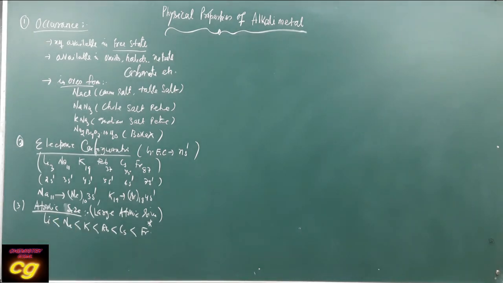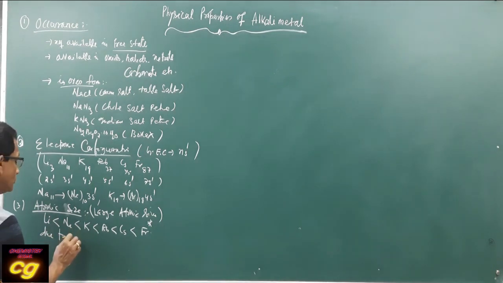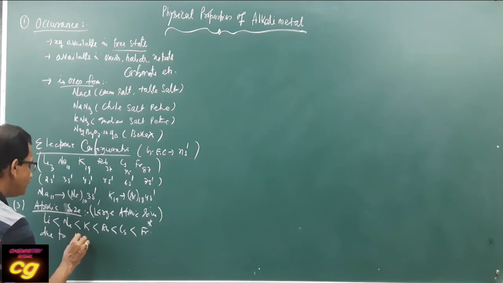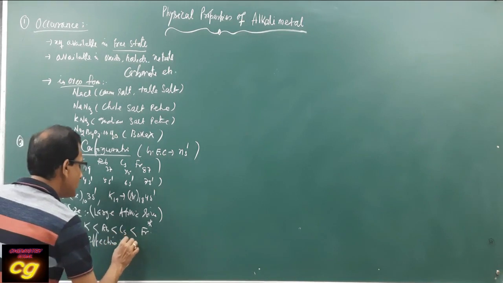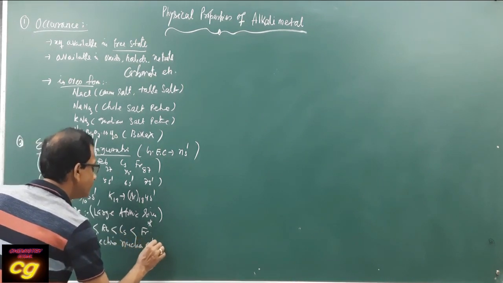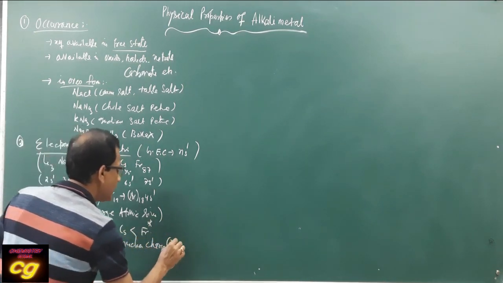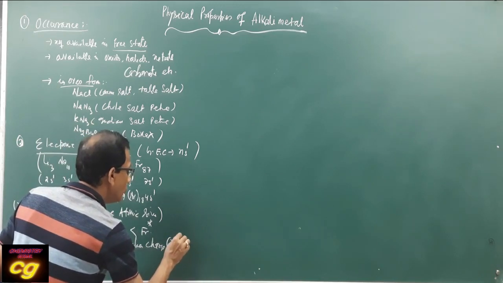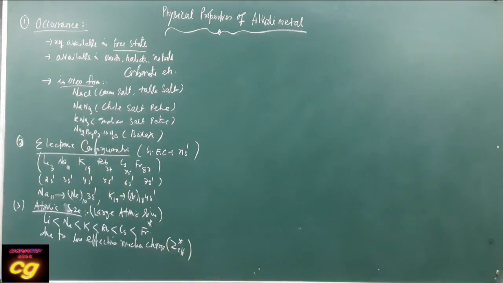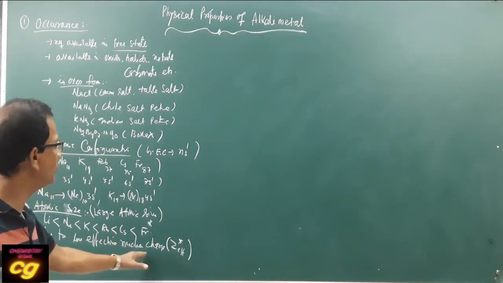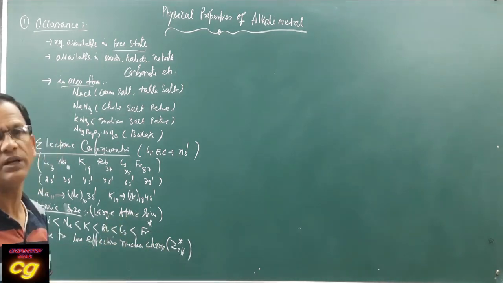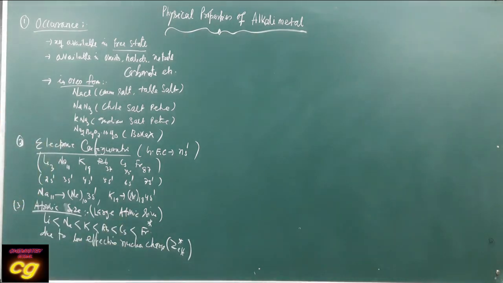Why is atomic size high? Due to low effective nuclear charge. Z effective is low for alkali metals. As Z effective is low, size increases.